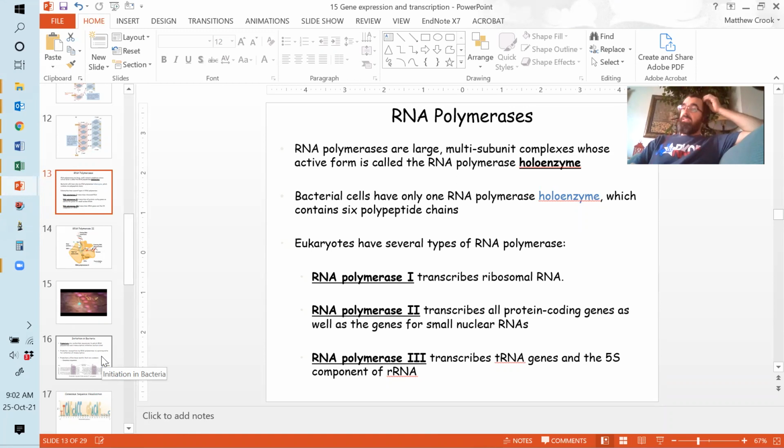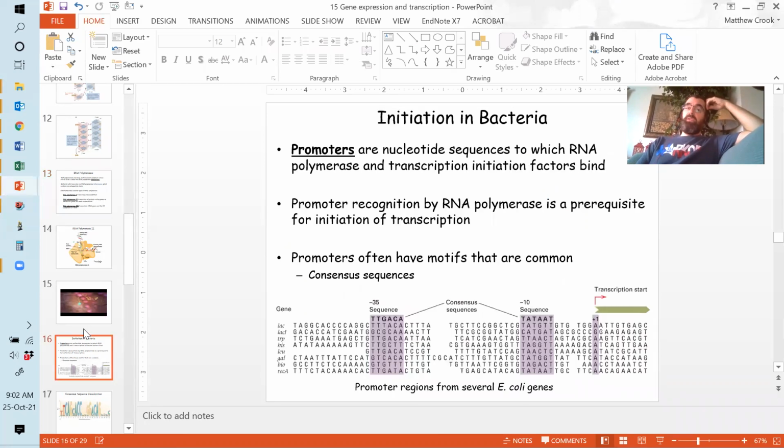Okay, so basically there's 3 general steps to transcription. These are shared between prokaryotes and eukaryotes, but some of the details differ, particularly in the initiation and the termination of transcription. So in bacteria, and we'll start with bacteria first, we've got essentially 2 main consensus sequences.